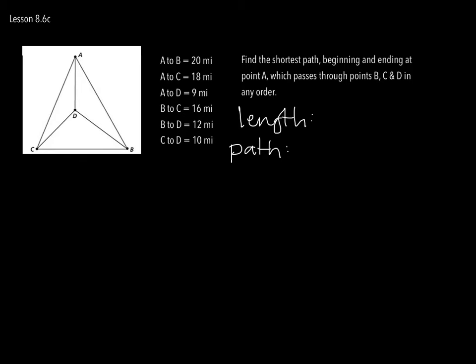Alright, 5th graders, hopefully you figured and determined a path. The shortest distance that I can figure out that it would take would be 55 miles. And the path that I would take would be A to C, C to B, B to D, and then D to A. That's what I would take.